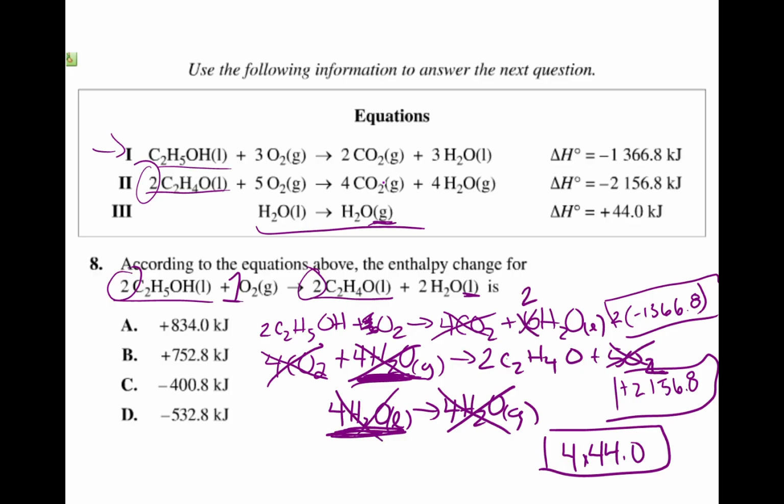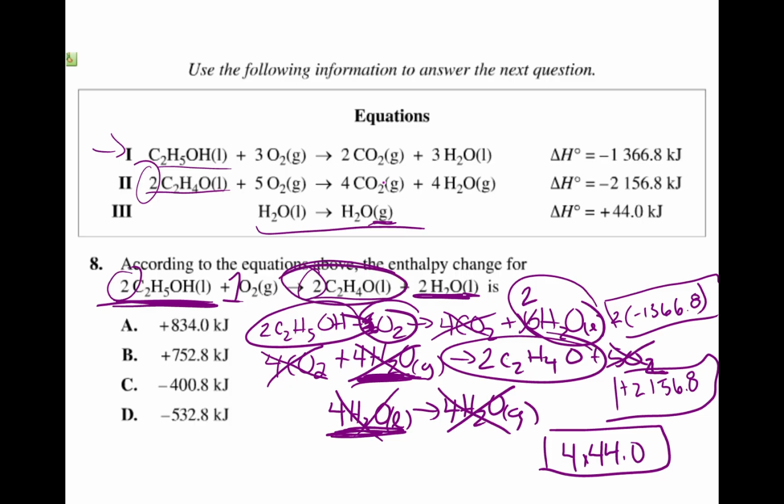So now, even though it looks very messy, I have exactly what I need. I have my 2 C2H5OH, I have 1 oxygen, I have 2 water molecules, and I still had 2 of this big molecule here. So once I have that, then I can add all my enthalpies together. And when I do that, my answer is going to be C.